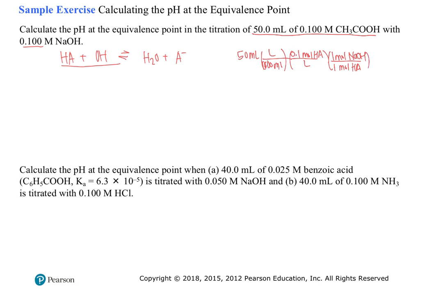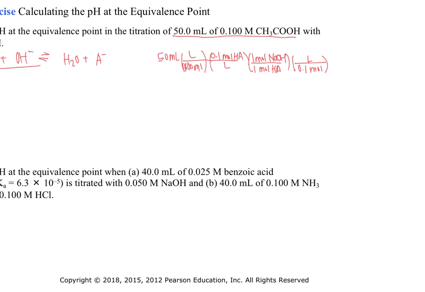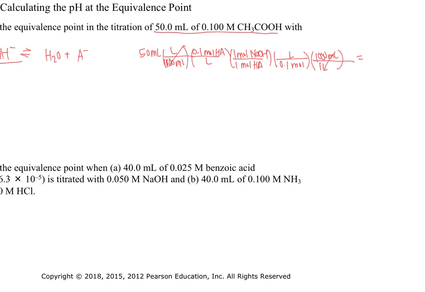So then I am going to find out the volume. My concentration of sodium hydroxide is 0.1 mole per liter, and then I will convert the milliliters, 1 liter to 1,000 milliliters. That tells me it should take 50 milliliters of sodium hydroxide.